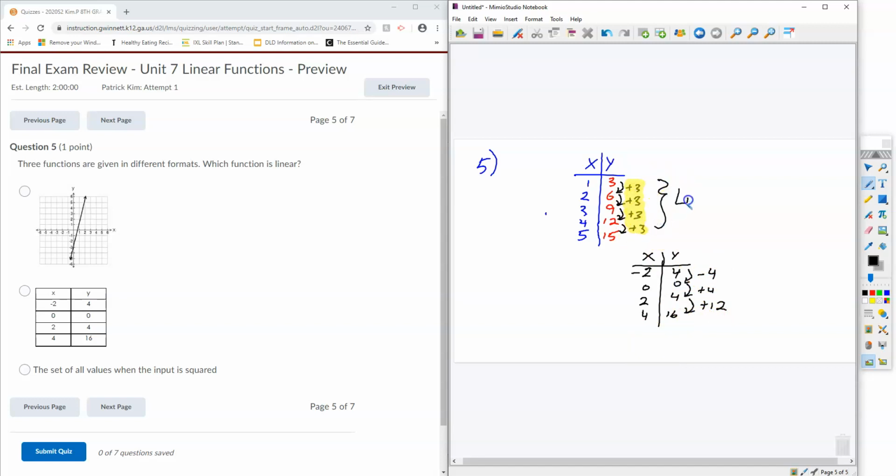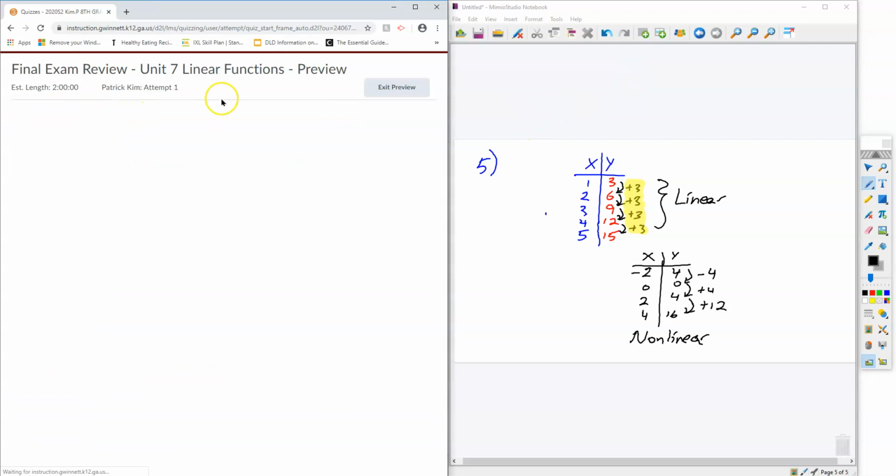I should write this down. This is linear. Since the idea where you're adding by the same number or even subtracting by the same number does not work here, this function is non-linear. So now that I eliminated one of these for you, you decide between A and C which function is linear.